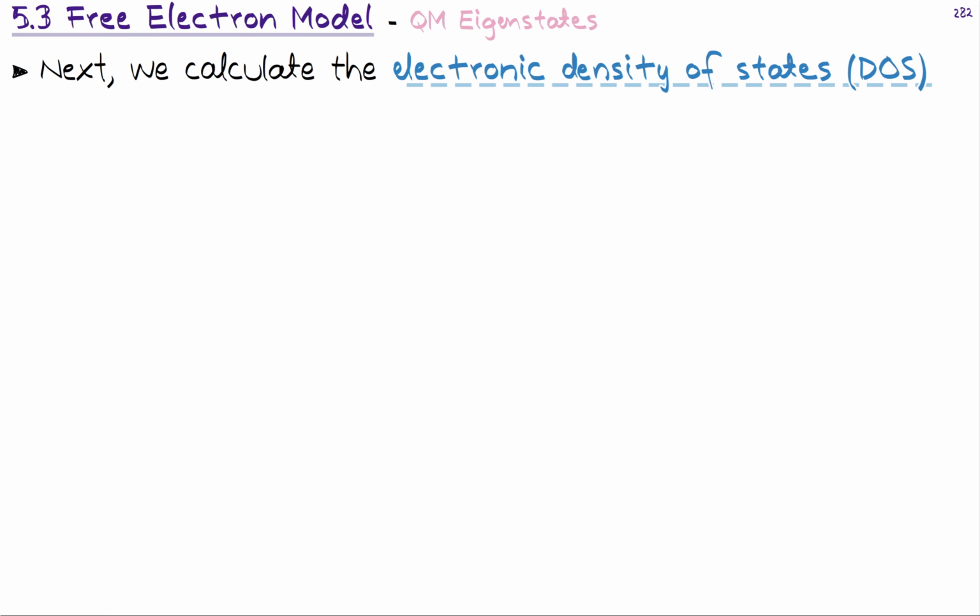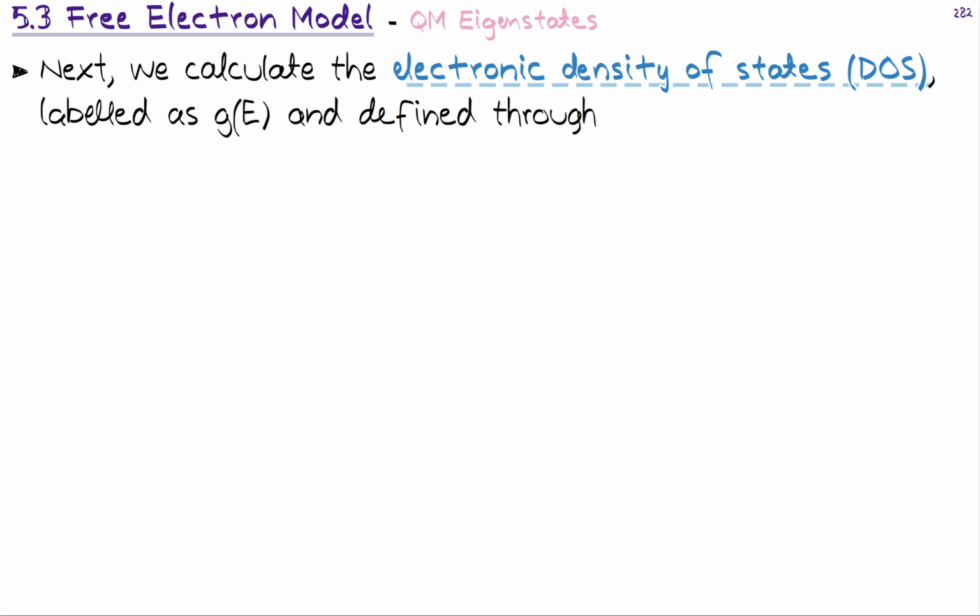And what we will do next is calculate the electronic density of states, so that when we're done, we could start plugging things into the usual equation describing the heat capacity of a material, and follow that line to estimate the electronic heat capacity of a metal. So we will next calculate the electronic density of states, DOS, and this we label here as G, and it is a function of energy.